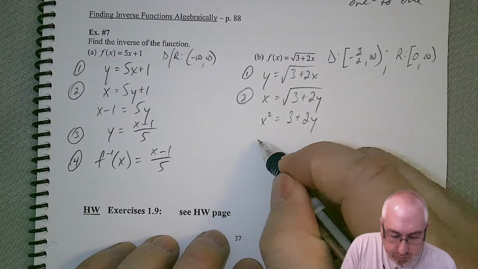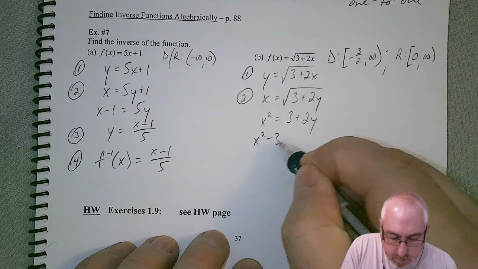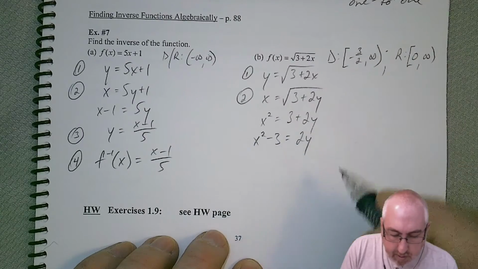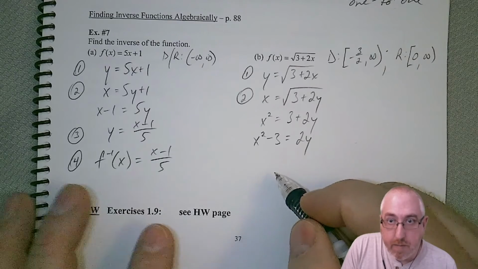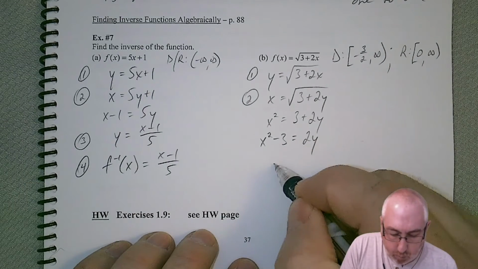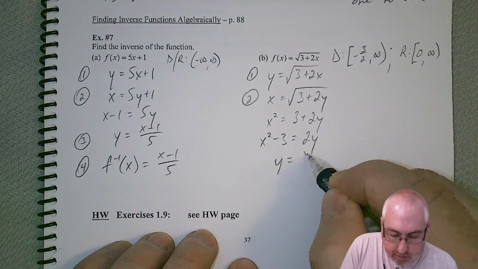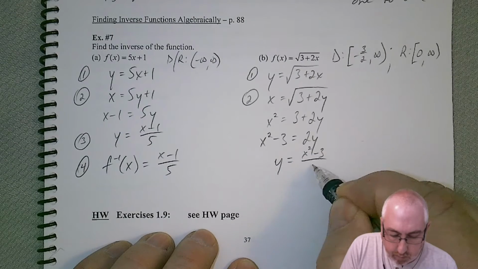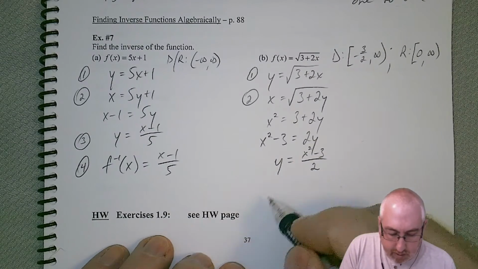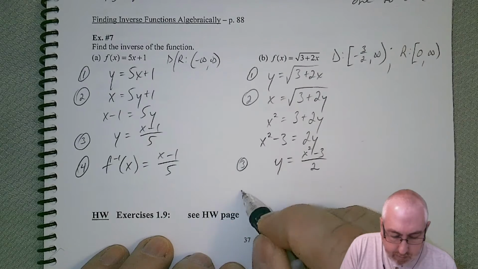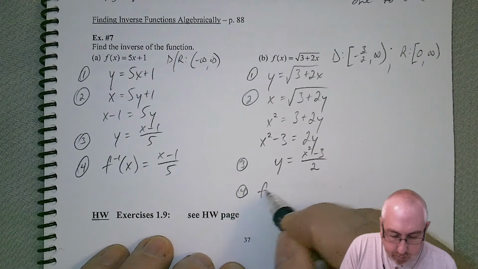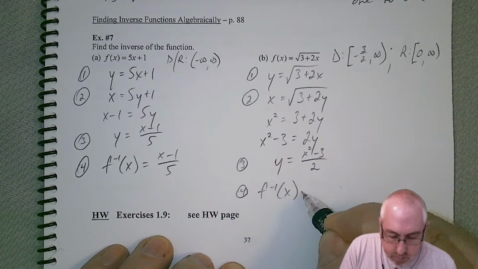We can subtract the 3 from both sides, and then divide by 2. So we got y equals x squared minus 3, all over 2. And that was step 3. And then step 4 is to rewrite it with our inverse notation.